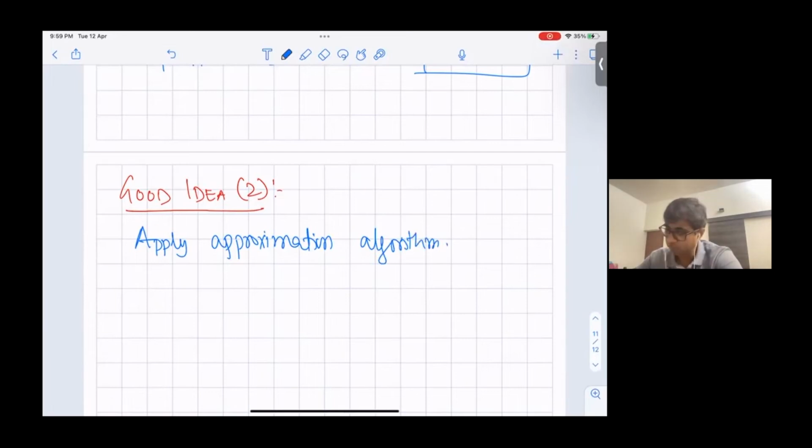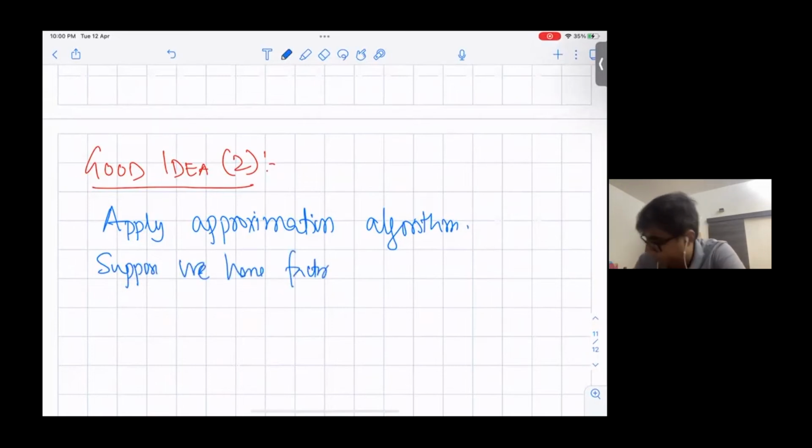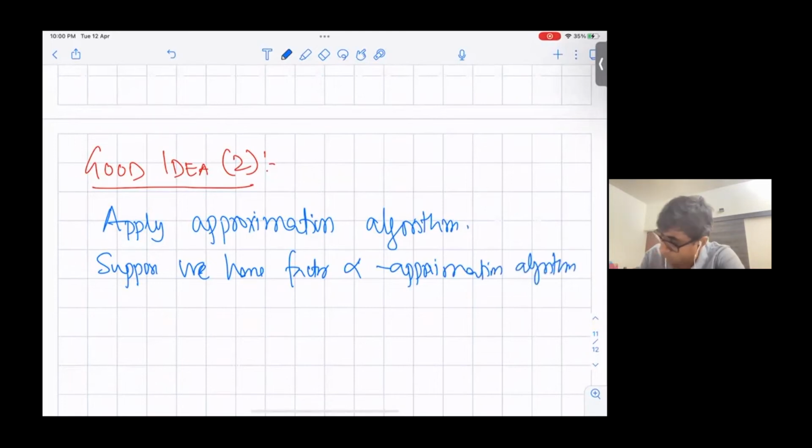Suppose we have a factor alpha approximation algorithm running in polynomial time. What can we do then?